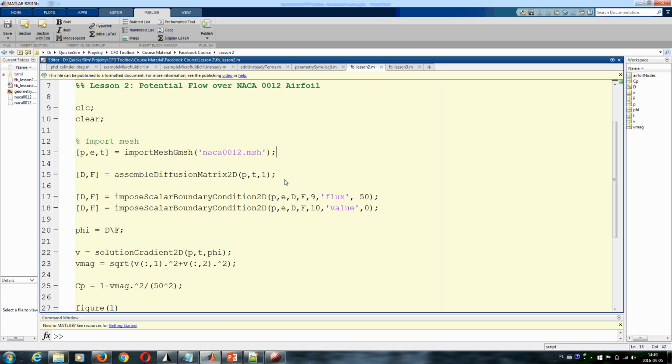We have said that we need to solve a Laplace equation, so basically a diffusion problem. There is nothing else we need to do. We simply assemble the diffusion matrix. We will assemble a linear system of equations based on the finite element method.